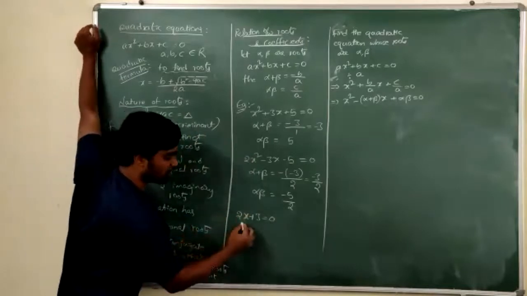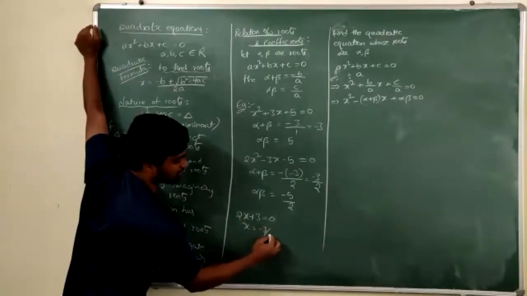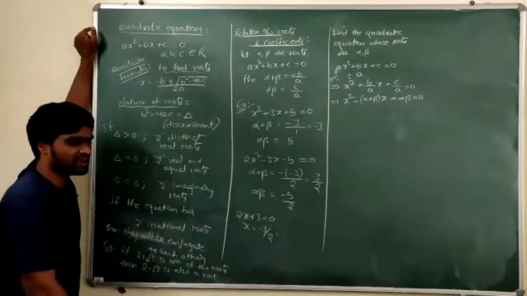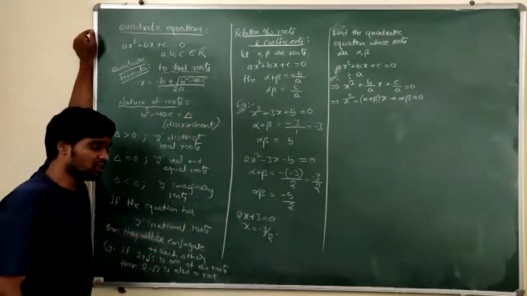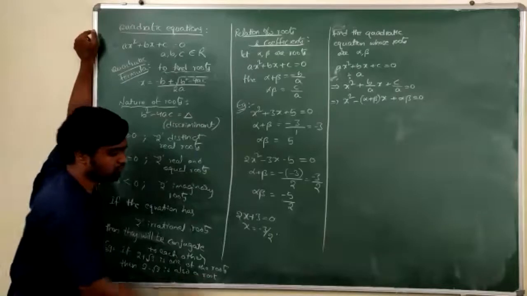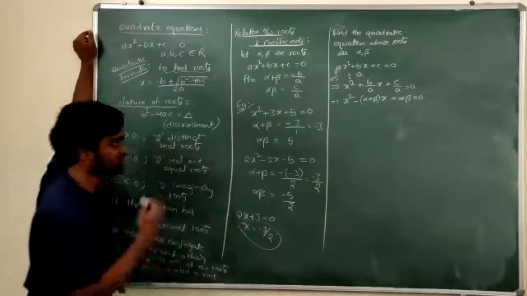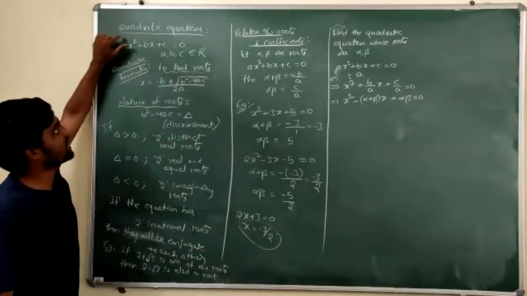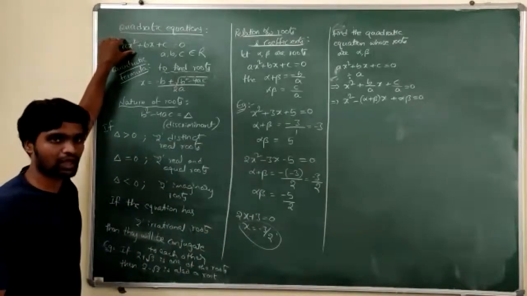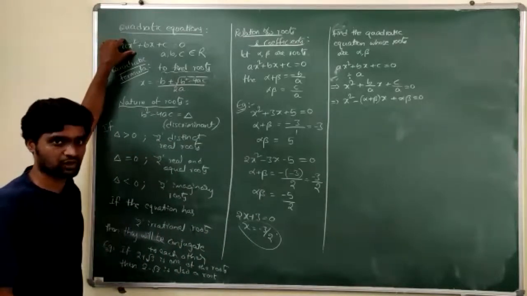So what do you get? x is equal to minus 3 by 2. This is the value of x which satisfies this equation. So the values of x which satisfy this quadratic equation are known as the roots of the equation.